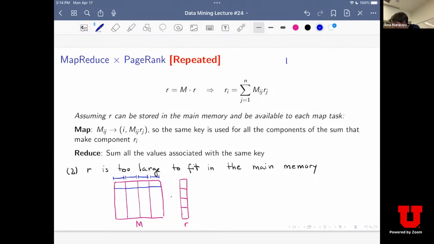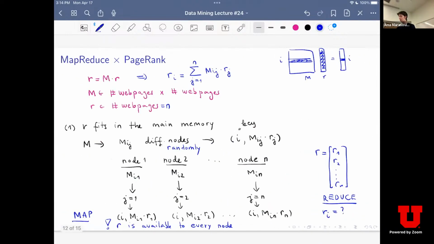But now we are going to take this chunk of data that's going to be on one node, and that chunk of data will have access to this first chunk of the vector R, and you will still do the same thing. You will still calculate these key value pairs, but just using the smaller chunks. And now in the end, when you do reduce, you need to collect them and again sum them up.